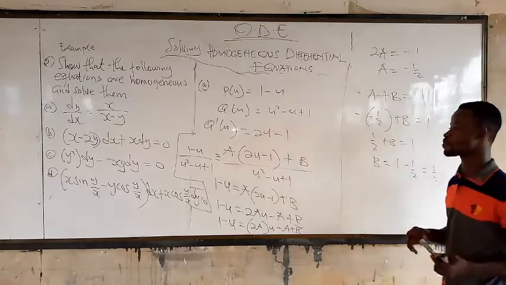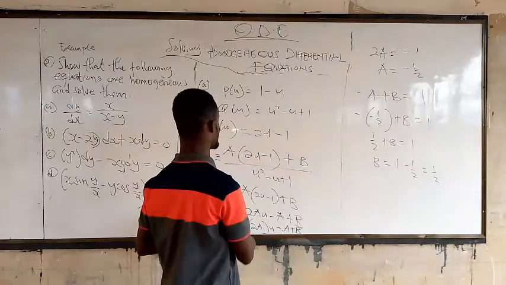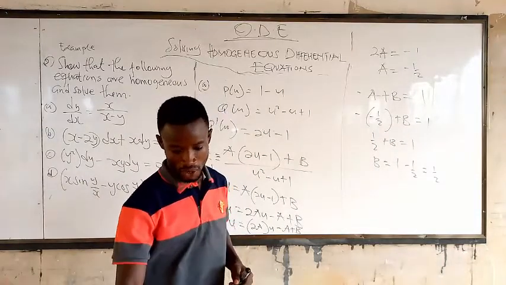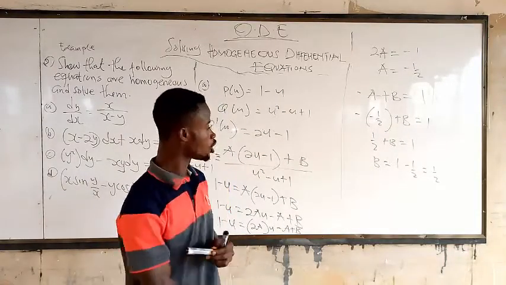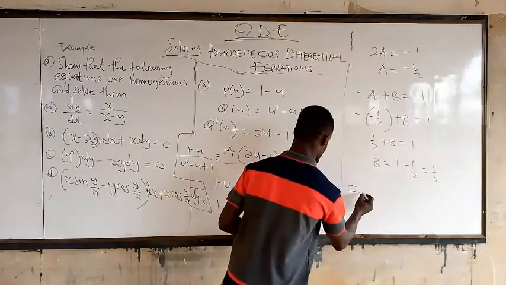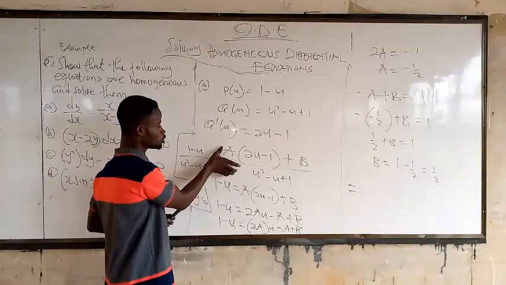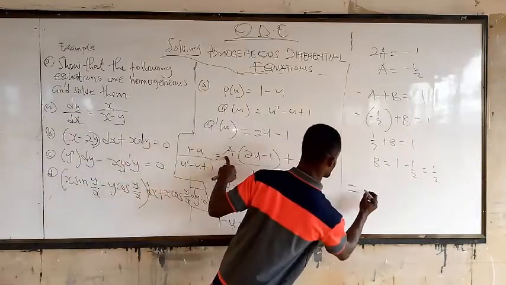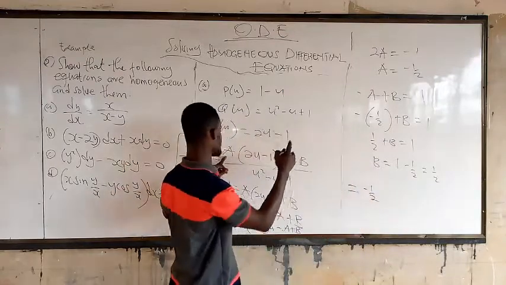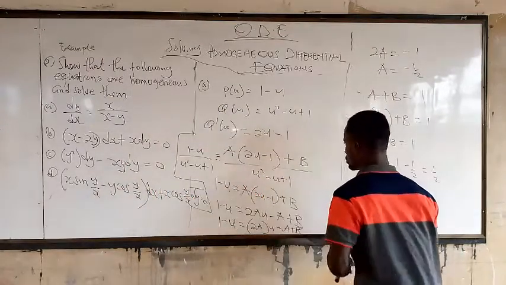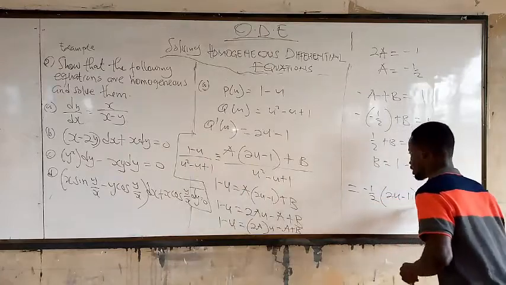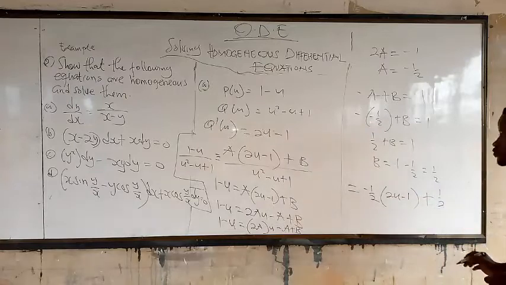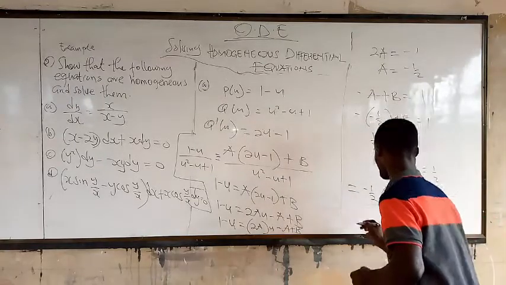So we get A to be minus half, and we get B to be half. Beautiful. So by substitution to this side, we substitute minus half for A, times 2u minus 1, plus B, which is half, all over u squared minus u plus 1.